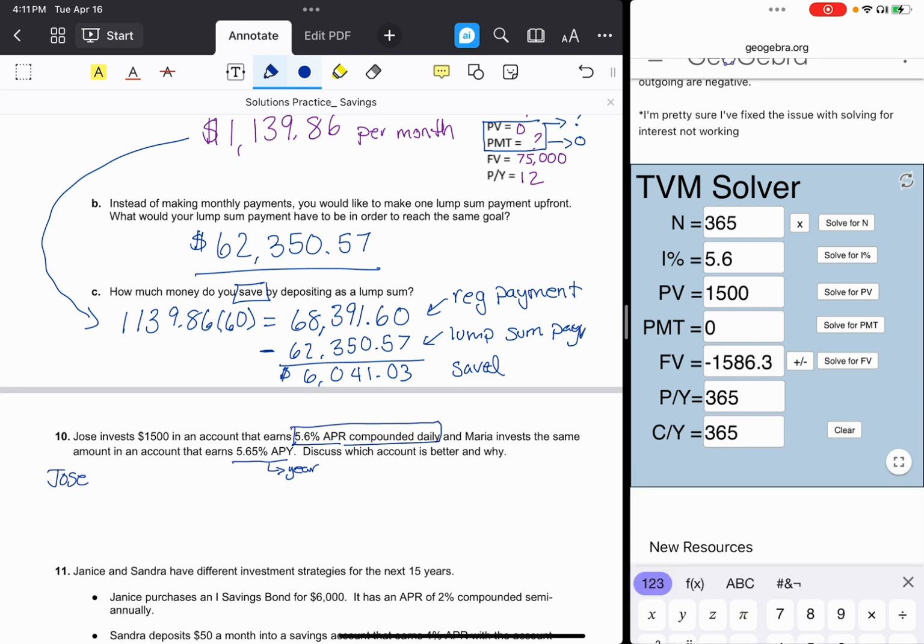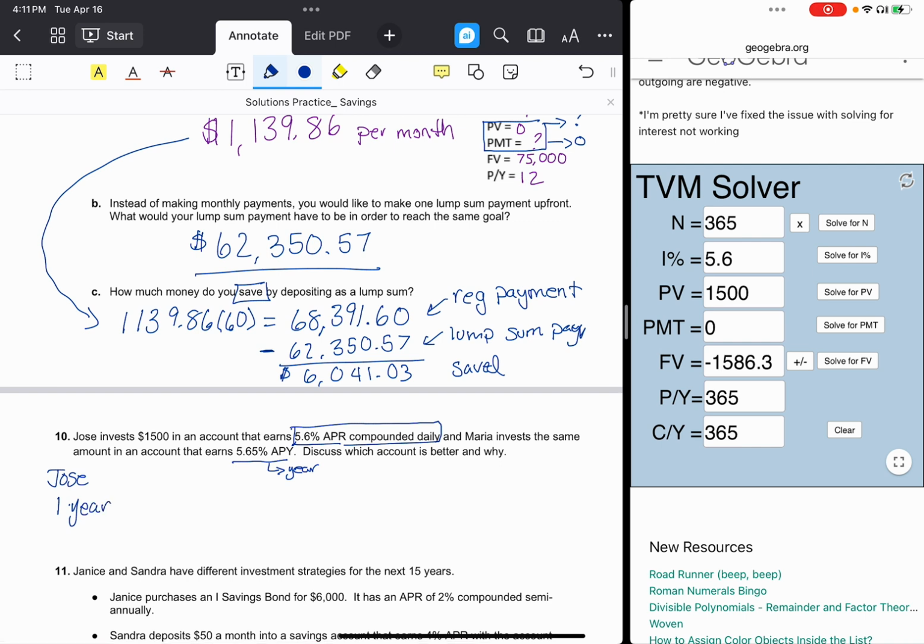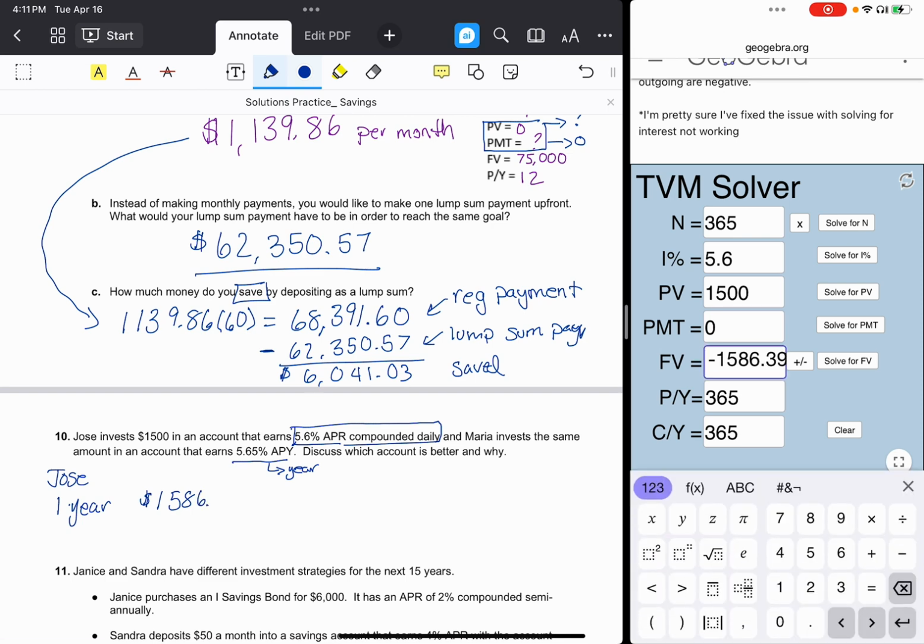I want to know what the future value would be. In 1 year, Jose is going to have $1,586.39 in his account. Now, if I compare that to Maria, her APY means you are only compounding once per year.